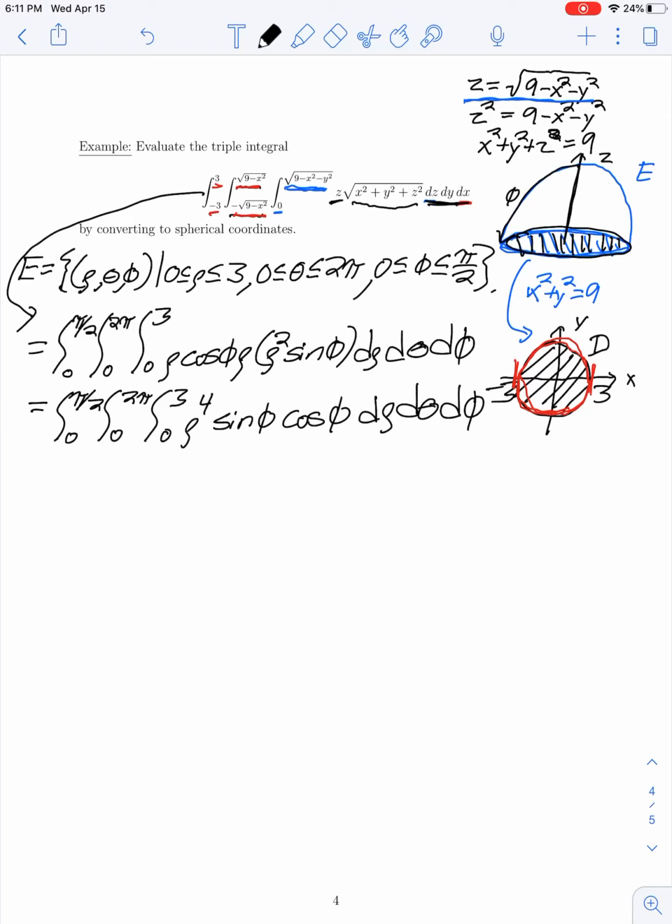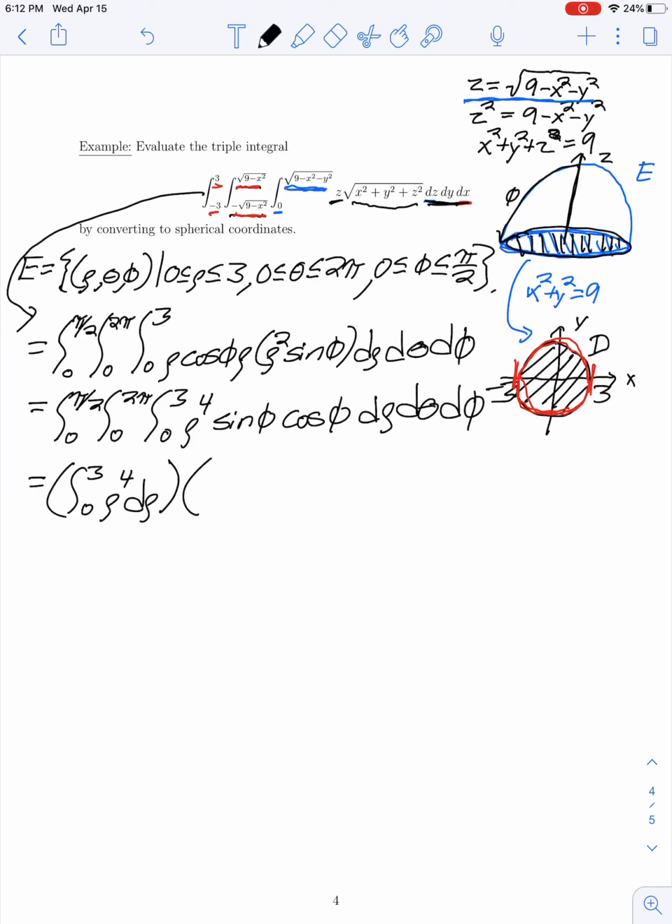So as with our previous example, we see that the limits of integration for all three of our variables are constants. So I can pull my inner integrals outside of the outer double integral. So my inner integral with respect to rho was from 0 to 3, rho to the 4th, d rho. And then I'm left with the double integral with respect to theta and phi.